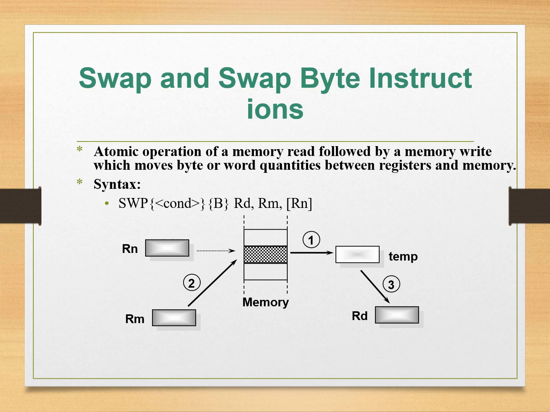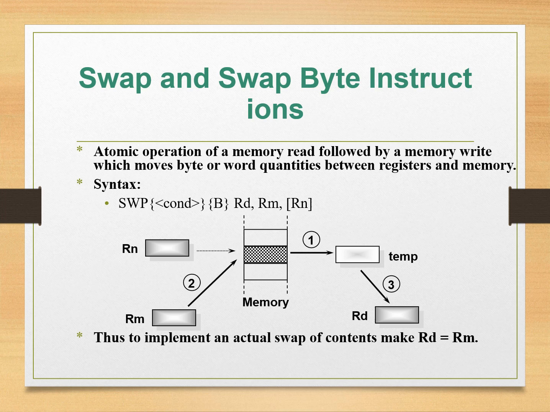In this case, it will put register Rm into the memory, and then from memory it will transfer to the destination. So at the end, Rd will be equal to Rm. So the compiler cannot produce this instruction.